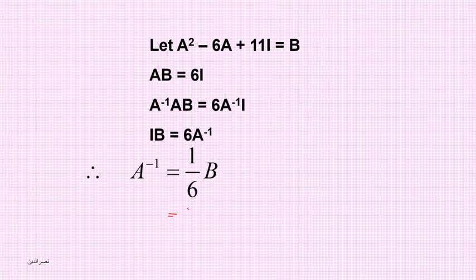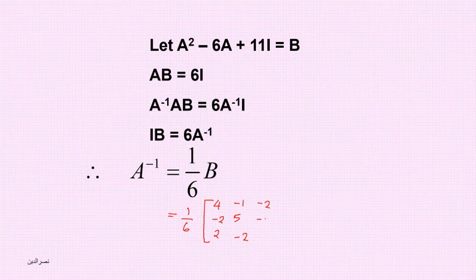By substituting B as A square minus 6A plus 11I, we have the matrix from before: 4, -2 and 2, -1, 5 and -2, -2, -2 and 2.